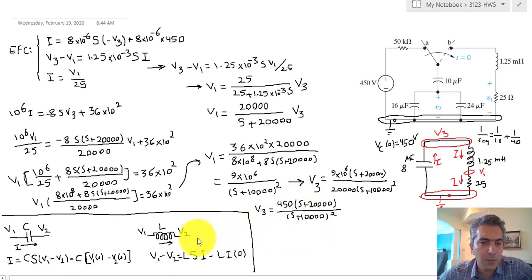Now, I'm going to clear this region. We have already used these equations so that I can explain to you how to go from V3 to V1.